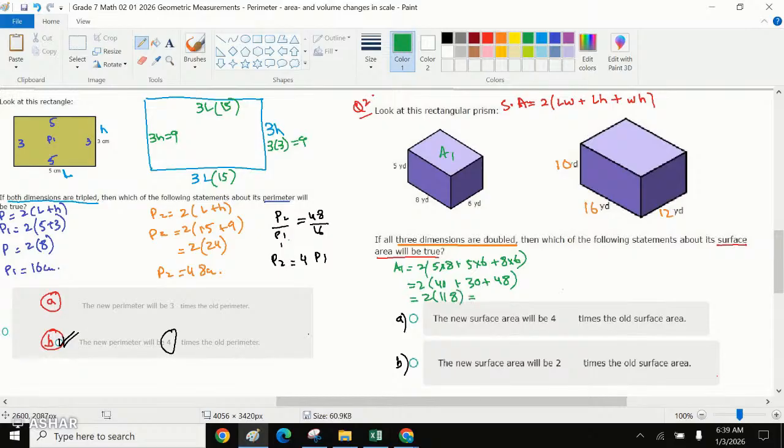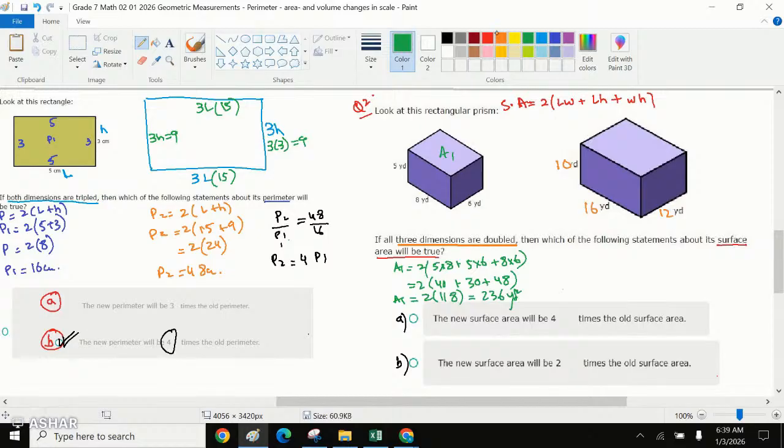And this finally comes out to be 118 multiplied by 2. 100 multiplied by 2 is 200. 18 multiplied by 2 is 36. So this area 1 comes out to be 236 yards square.